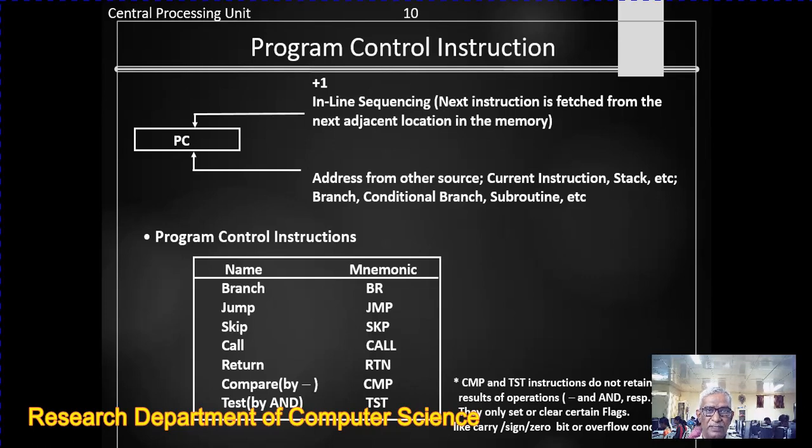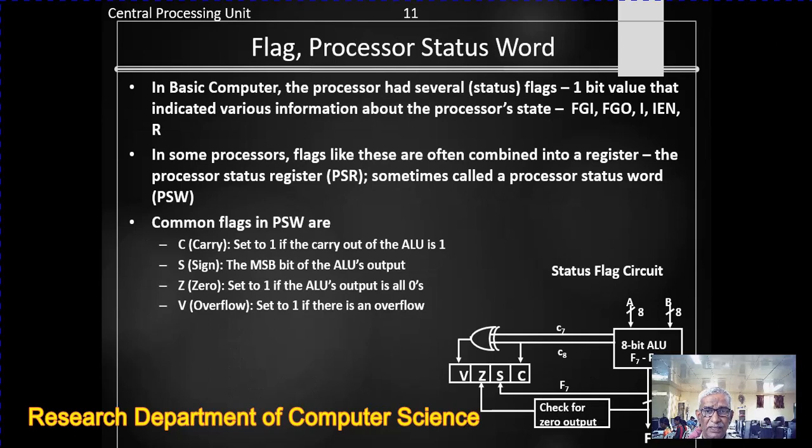This is an example for this case. Apart from that, some other status bits are there: C for carry, S for sign, Z for zero, and V for overflow.